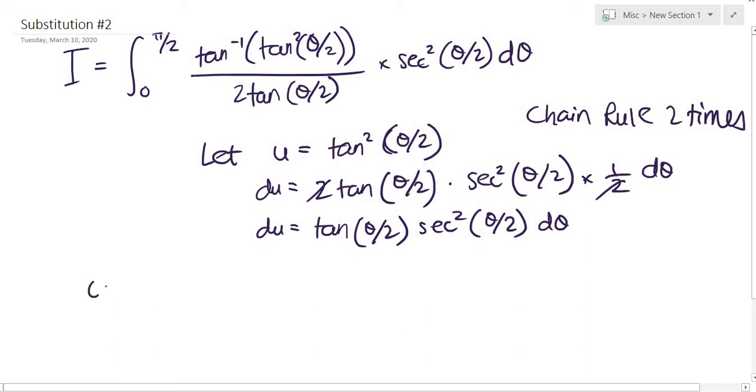So when theta equals 0, we have u being equal to the tan squared of 0 by 2. So tan squared of 0 is 0.